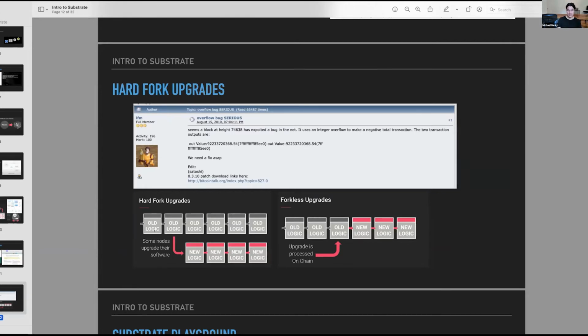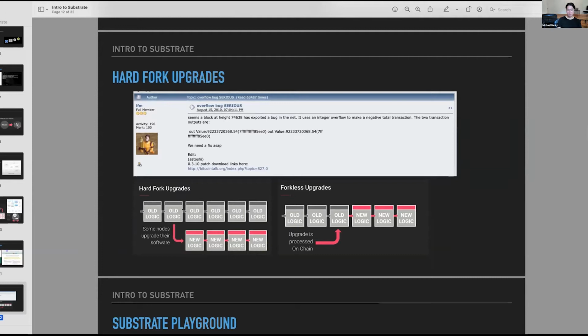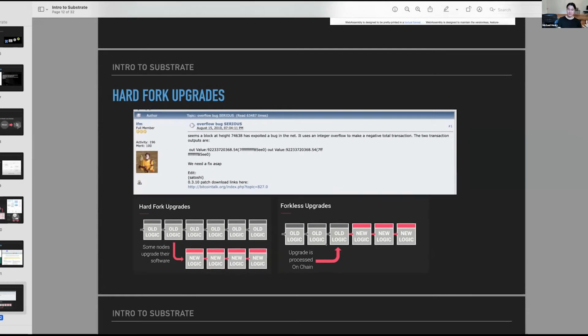You can see on the bottom left, in the case of a hard fork upgrade, you've got the old logic, and everybody's got to move to the new logic. Otherwise, they're running the old logic, which is no longer functional or useful. In the case of a forkless upgrade, the upgrade is processed on chain. So it's more similar to how internet development works, where if you run Twitter or Facebook or Instagram or Telegram, when you make an upgrade to the server, all of the clients get upgraded.